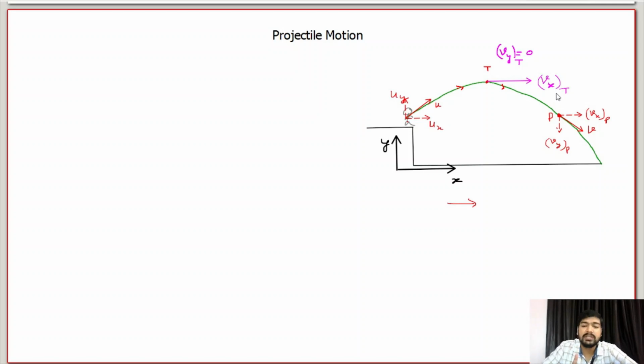But there is a force in the y direction, that is the gravitational force, because of which it experiences acceleration due to gravity. So there will be a change in velocity in the y direction, but there will be no change in velocity in the x direction. Why? Because there is no acceleration. No acceleration means the velocity in the x direction will not change.